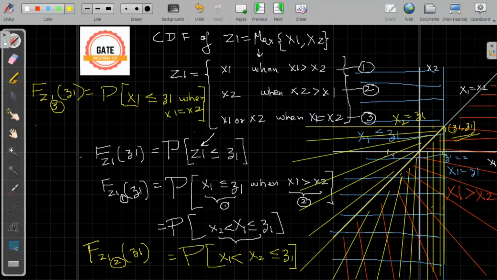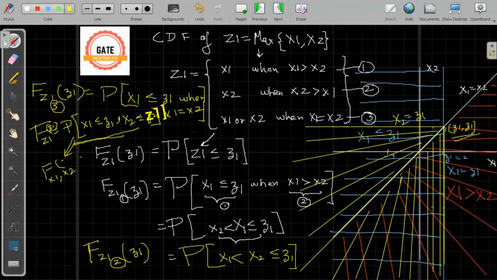So the CDF of Z1 is nothing but the probability that X1 is less than or equal to this parameter z1 and X2 is less than or equal to small z2, which is nothing but, from the definition of joint CDF, the joint CDF of X1 and X2 at z1, z1.